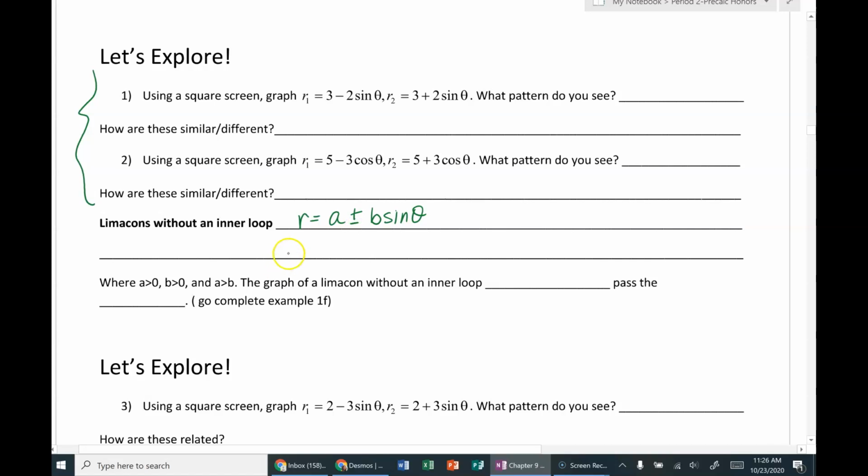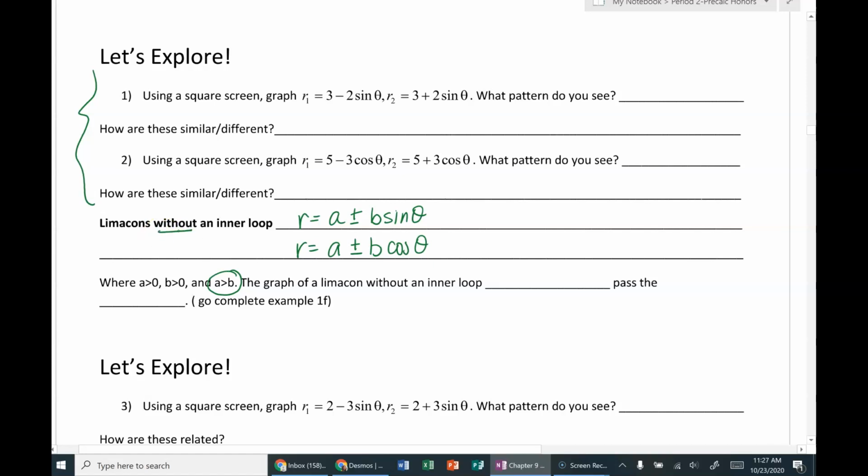And then we can have the other one, r equals a plus b cosine of theta or minus. Those are the equations that we can have, where a and b must be positive, and a, this is important, a must always be bigger than b to be a limacon without an inner loop.